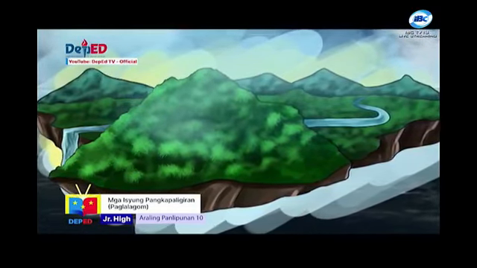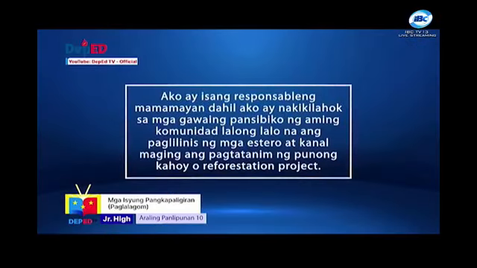Kaya dapat na matuto tayong magresiklo ng mga bagay at kagamitan. Para sa ika-5 bilang, ako ay isang responsableng mamamayan dahil ako ay nakikilahok sa mga gawaing pansibiko ng aming komunidad, lalong-lalo na sa paglilinis ng mga estero at kanal, maging ang pagtatanim ng punong kahoy o reforestation project.